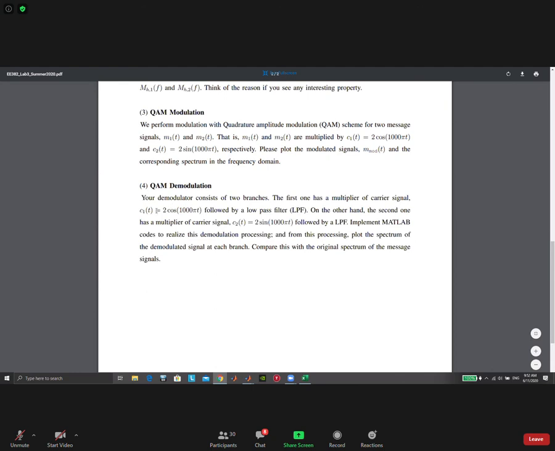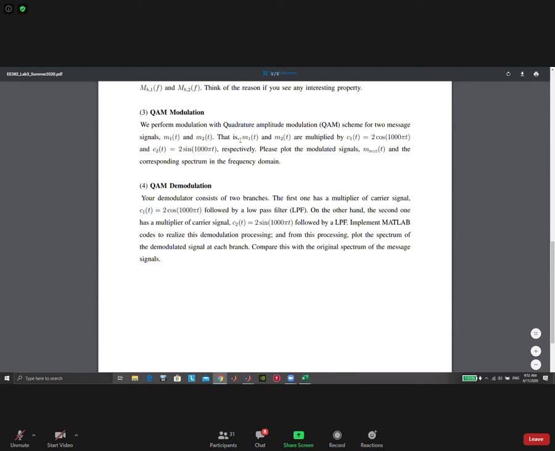For quadrature demodulation, it follows with the demodulation process again. The receiver will also consist of two branches. Whatever the original is multiplied by, say the carrier, the receiver will multiply by that same carrier.